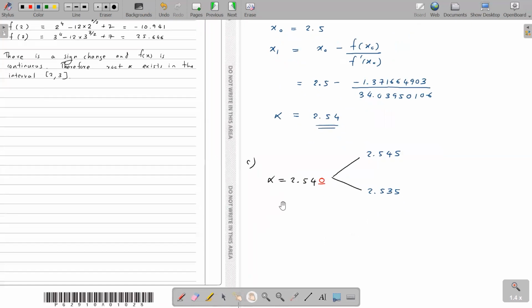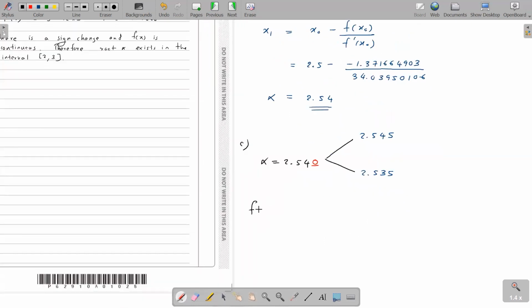Now substitute this value into the f(x) equation. So f of 2.545 and f of 2.535. Substitute this to your main equation. Tell me the answer.